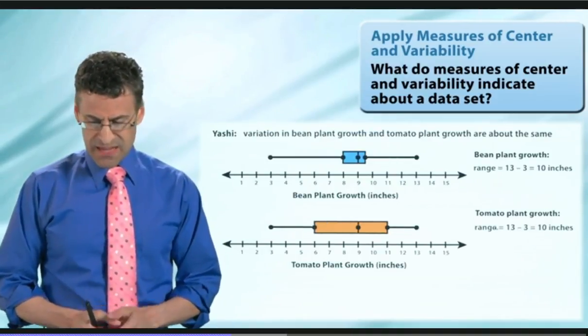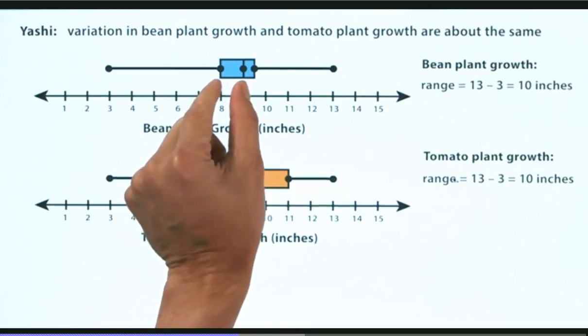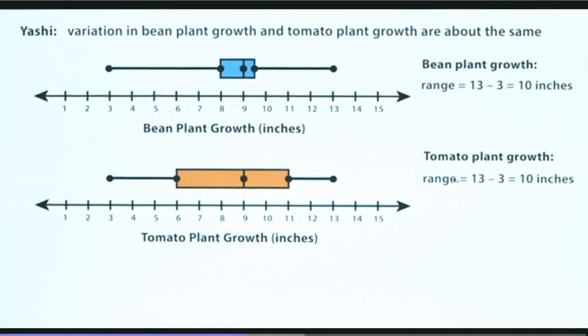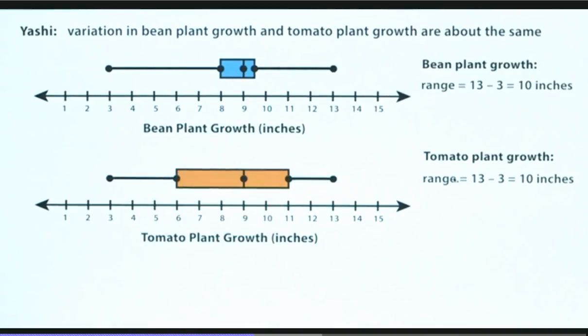Let's look, for example, at the interquartile range. Remember, those are the values at the second and third quartile, the ones that are clustered around the measure of center. Let's take a look at the interquartile range.